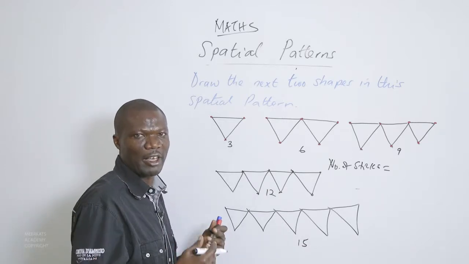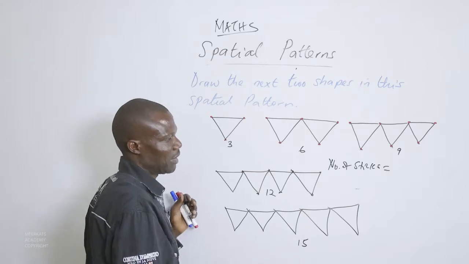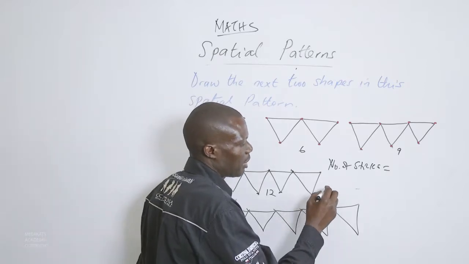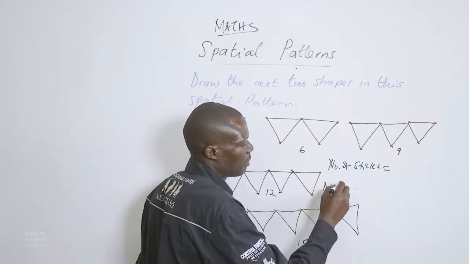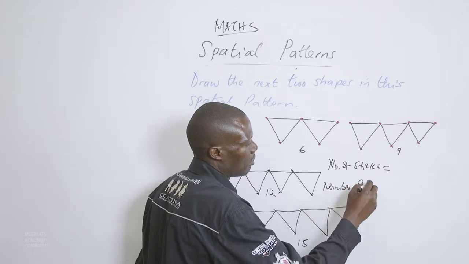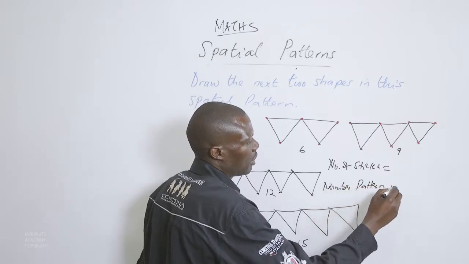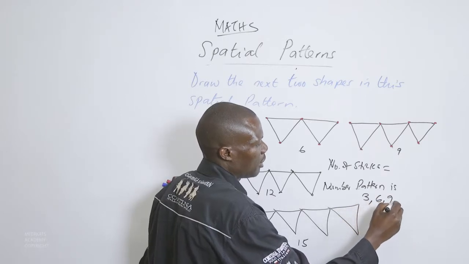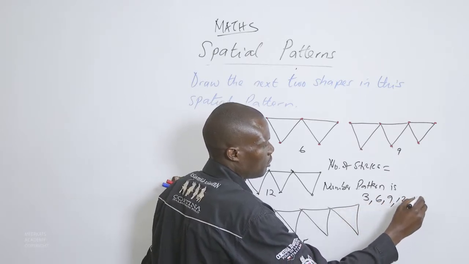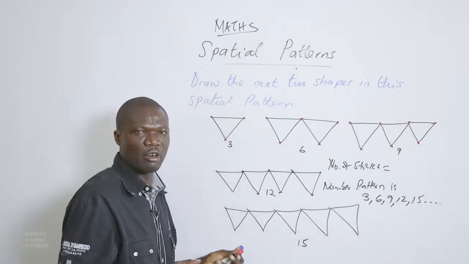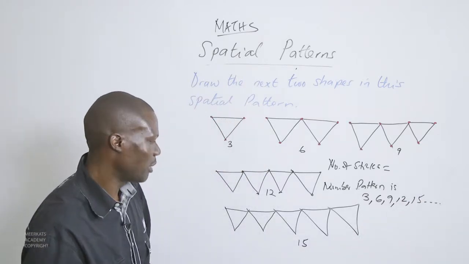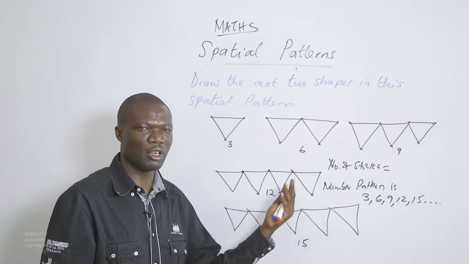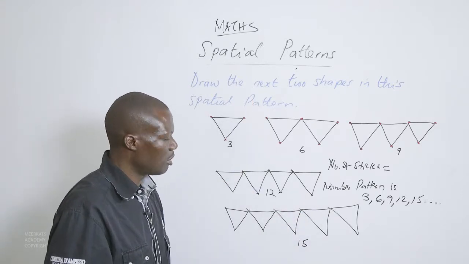That number forms the number pattern, which is 3, 6, 9, 12, 15, and so on. Already we have formed a sequence of numbers, and the same sequence has been developed from the spatial patterns.